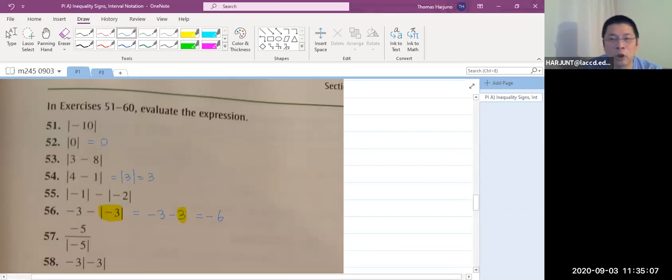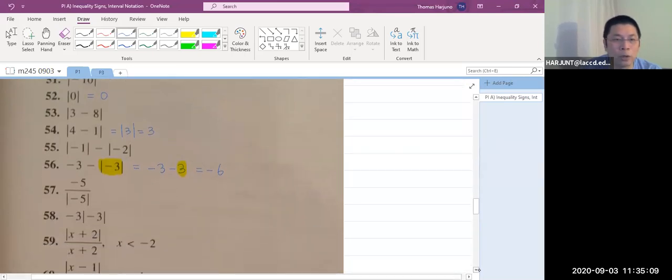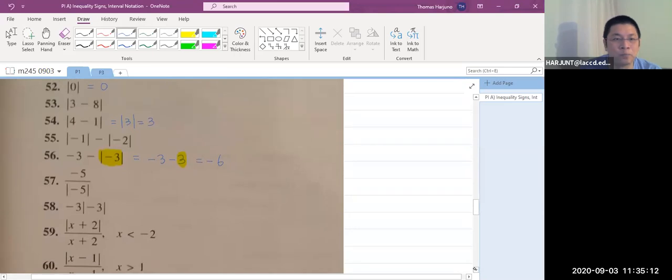I hope you see that we actually follow the order of operations. Now it gets more complicated later on though. Here, I will compute the absolute value of negative 3 first, so we will get negative 3 times 3, which is negative 9.